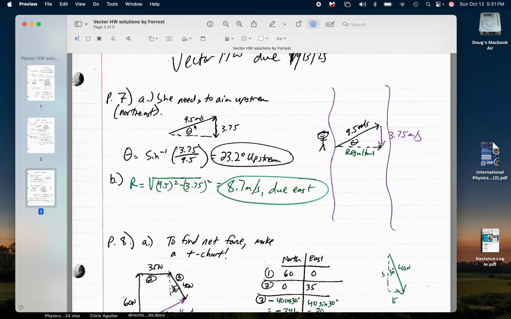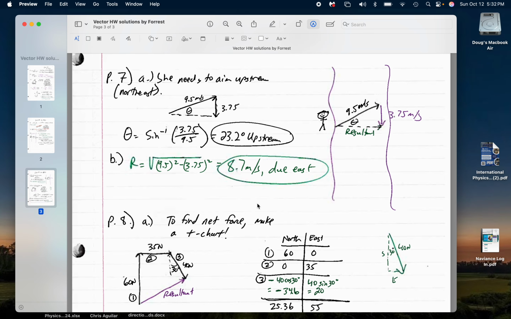That's opposite over hypotenuse. Notice it's not opposite over adjacent because the person's got to angle upstream to end up directly across. So that's around 23 degrees upstream. And then the resultant, which is this dotted line, is where they're going to end up when they're fighting the current and trying to cross by going at this angle. The resultant would be that they would head 8.7 meters per second due east.